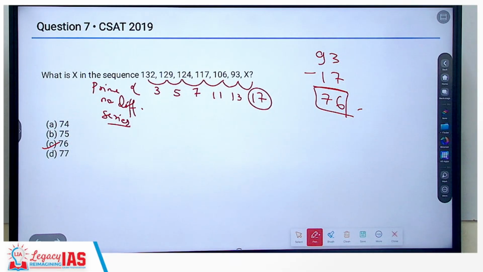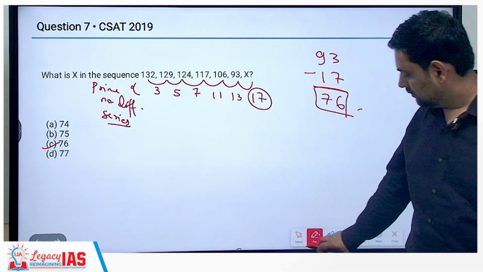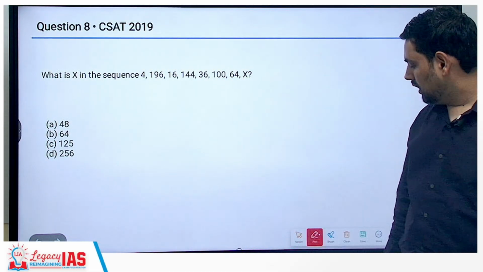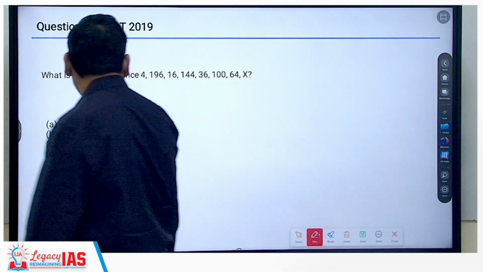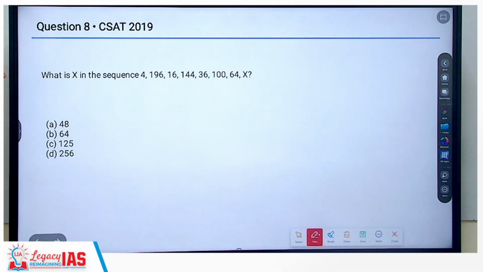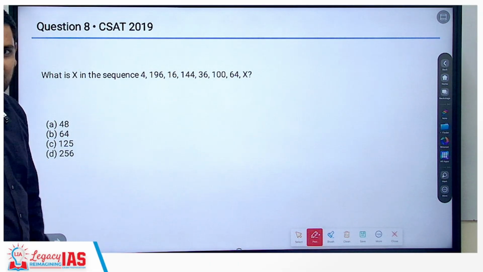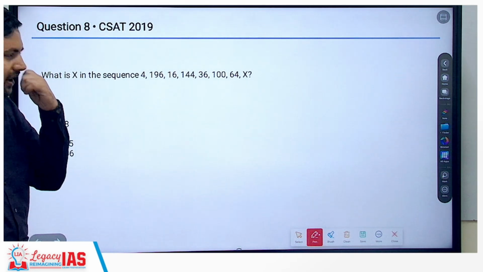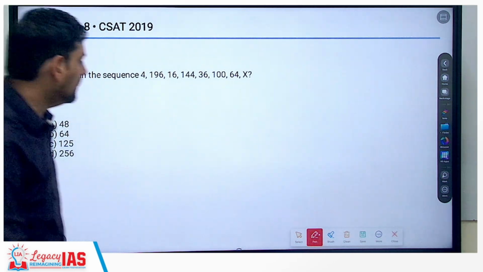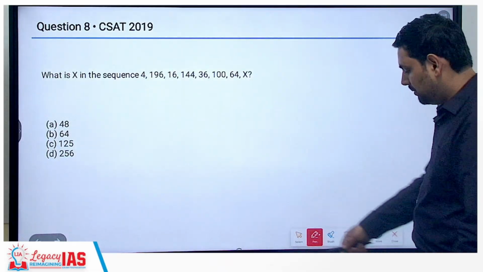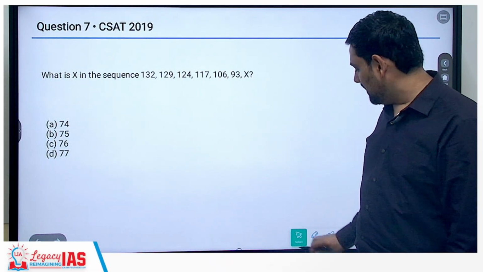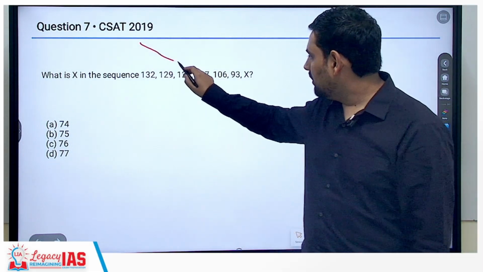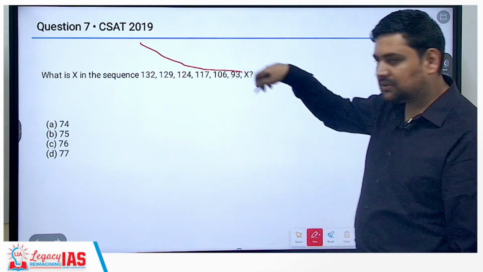Now, next. So before you do this question, first understand how you identify this kind of series. Now if you see, this series is actually changing its nature. For example, if you see the series before this, can you see it goes from 132, then 129, then 124, 117, 100, it keeps on decreasing.